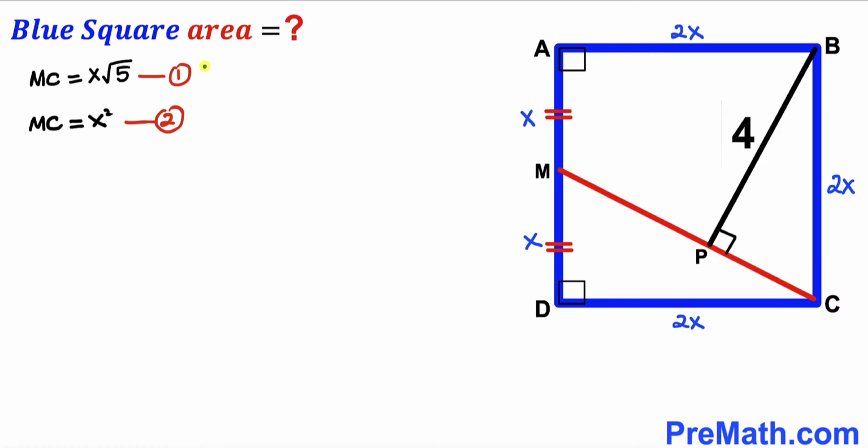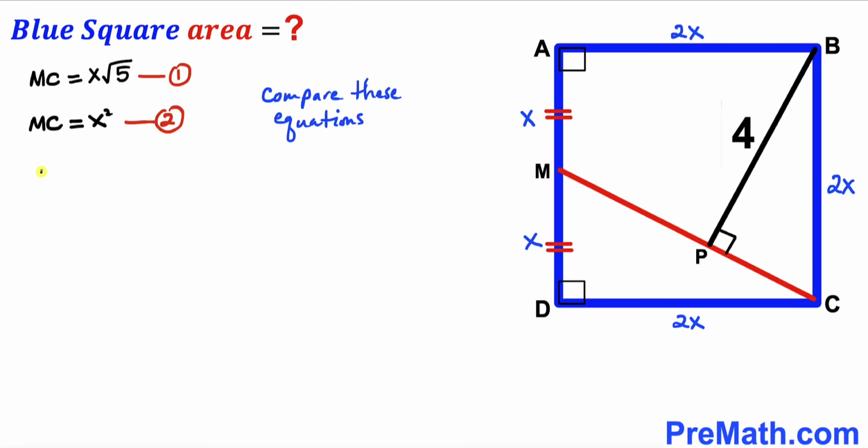So we ended up with these two equations, and we are going to compare them. We can see the left hand side is identical. We got MC on both sides, so we can equate the right hand sides as well.